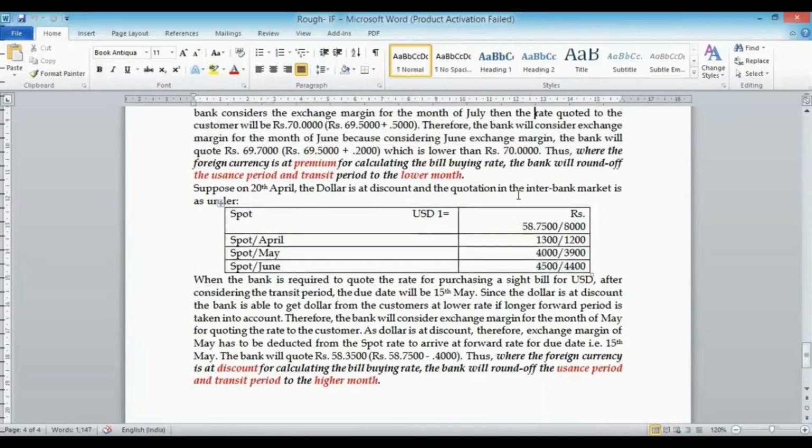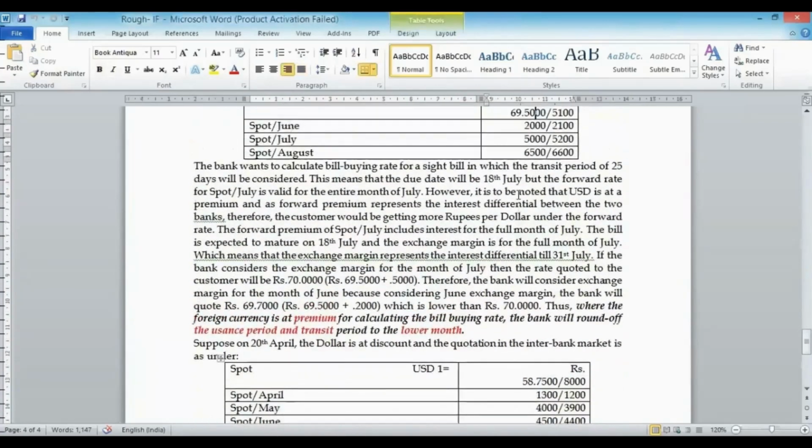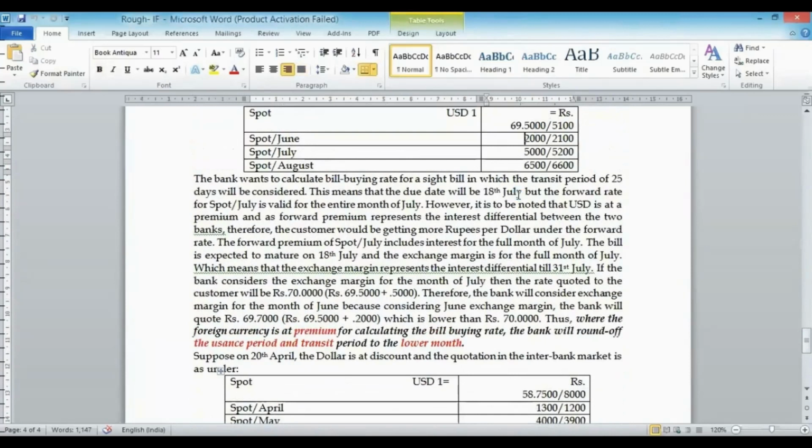In the same way, when we take the case of premium, you see the forward month, the preceding month rate from 2000 to 2100 increasing, 5000 to 52 increasing, 6500 to 66 increasing. That means they are at premium. That means we are not looking at the spot rate.